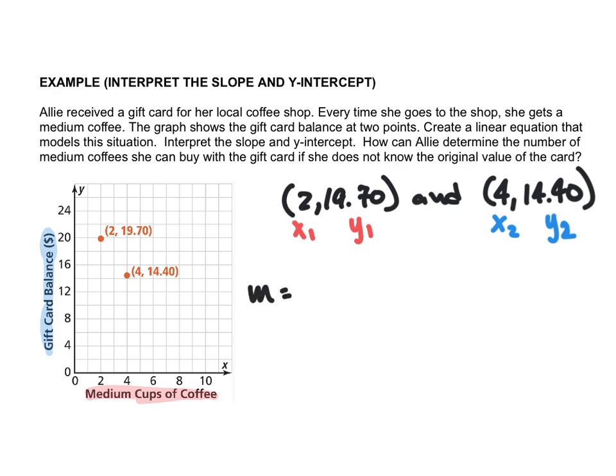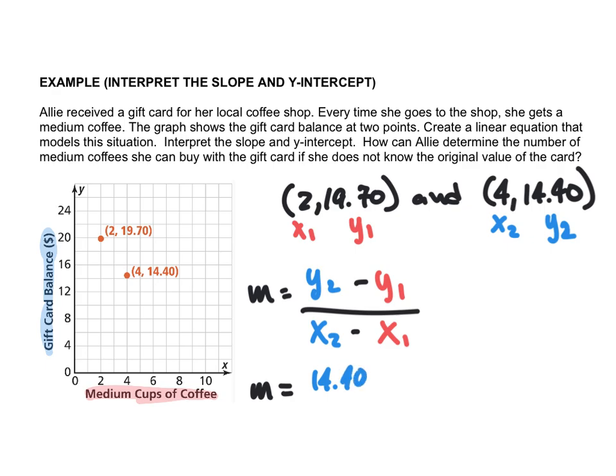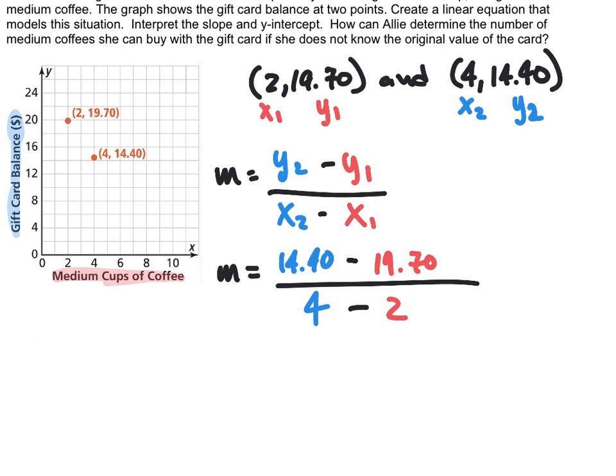If I want to calculate my slope, I'm going to do y2 minus y1 over x2 minus x1. So to calculate our slope, I want to do 14.4 minus 19.70 over 4 minus 2. The bottom part is going to be 2.